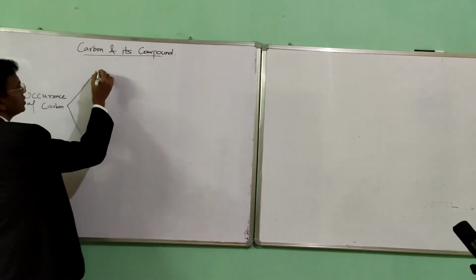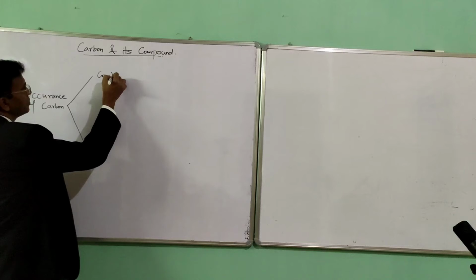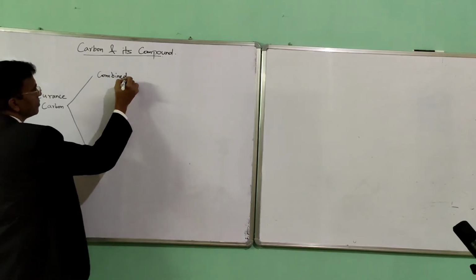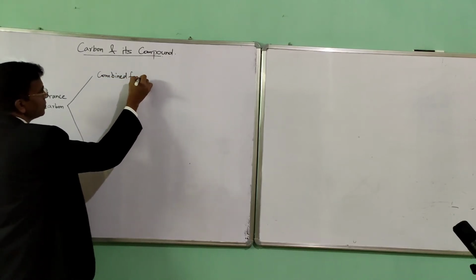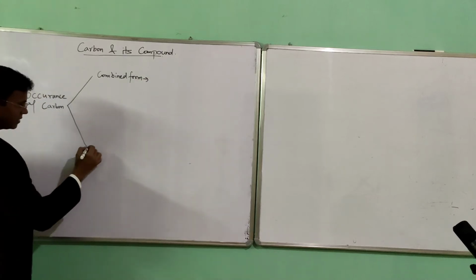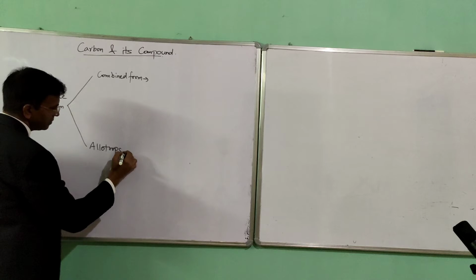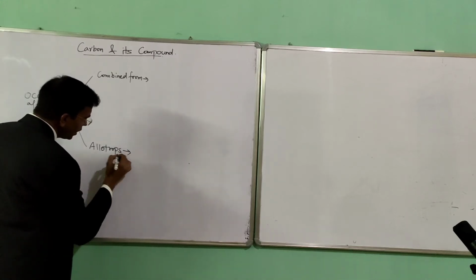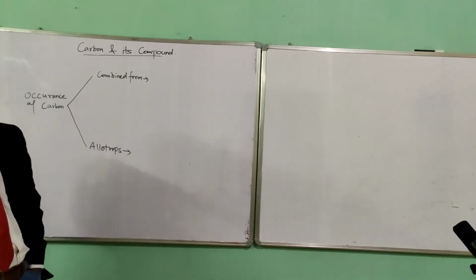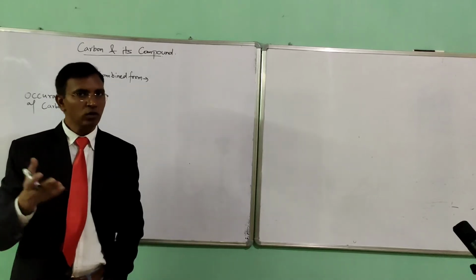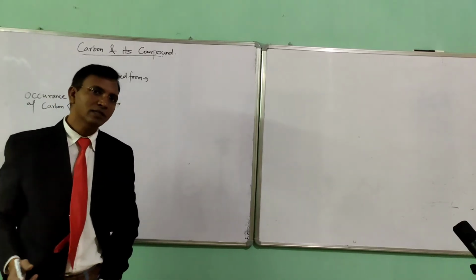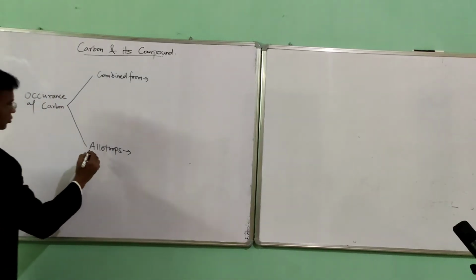First is the combined form, and the second is the allotropic form. Allotropes of carbon. Allotropes are the different forms of an element present in the atmosphere or in the earth crust or wherever it is.